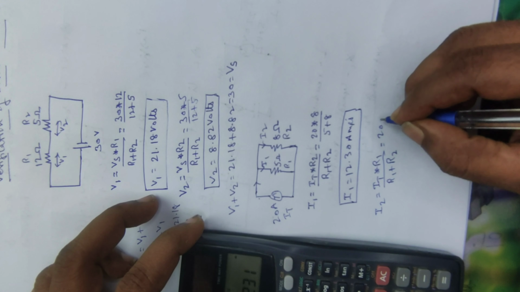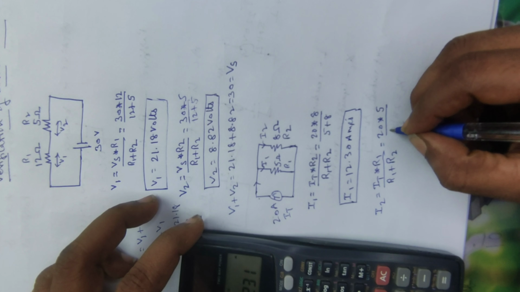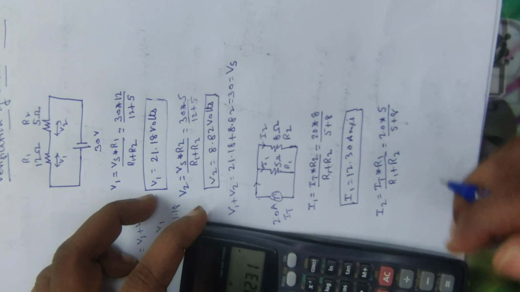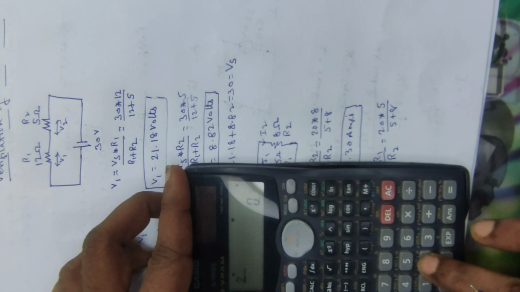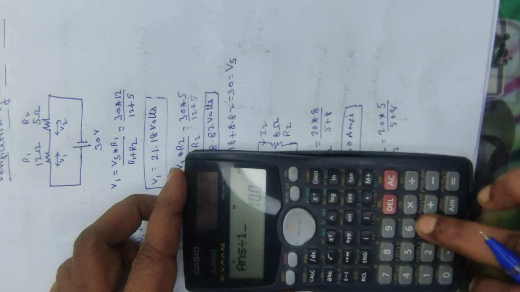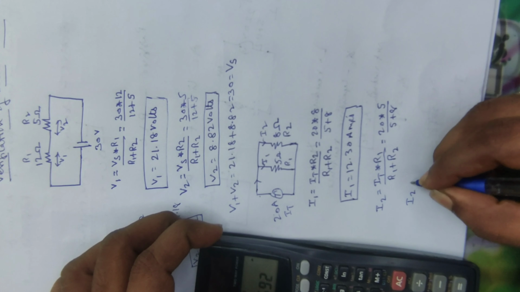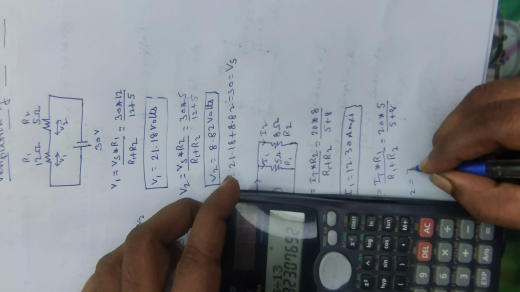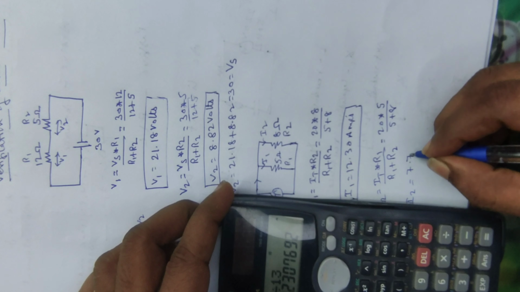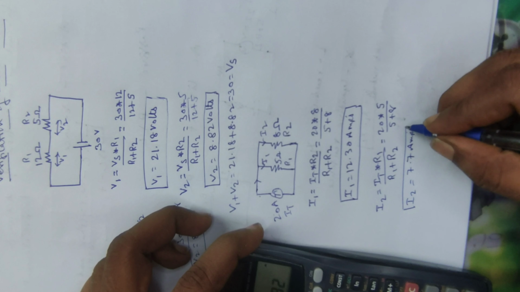I total is 20 and R1 is 5, divided by 5 plus 8. 20 times 5 divided by 13, so my I2 value is 7.7 amps. I can take it as a round figure.